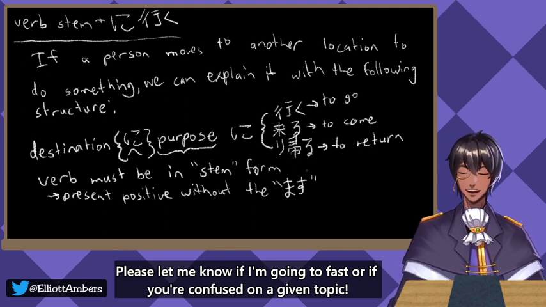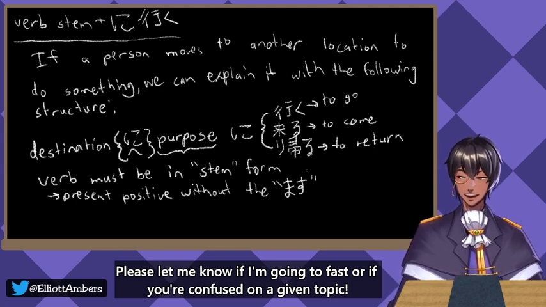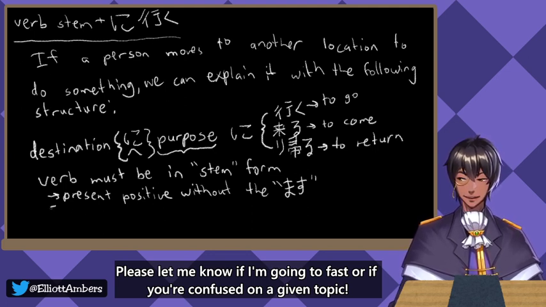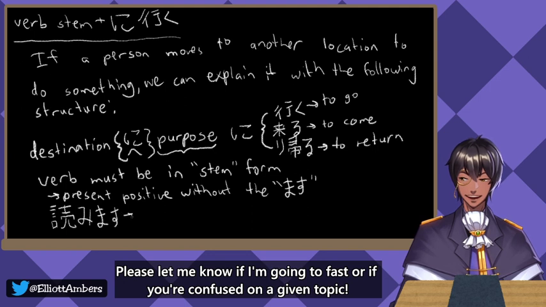So I guess we wouldn't use it in that particular sentence structure, but for example, yomimasu turns into just yomi, you know? We just drop the masu. And that's the rule.